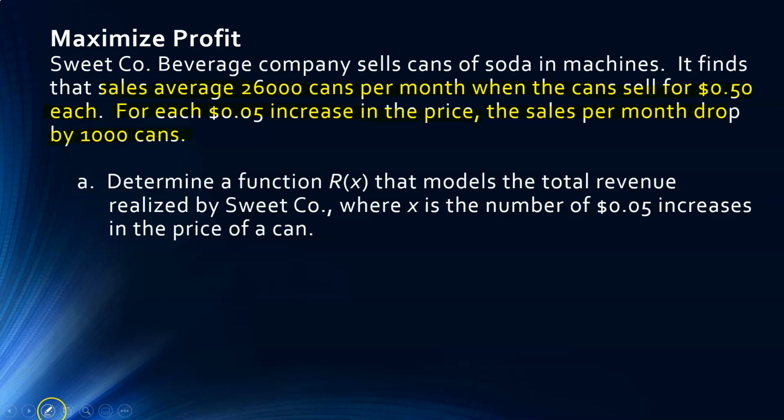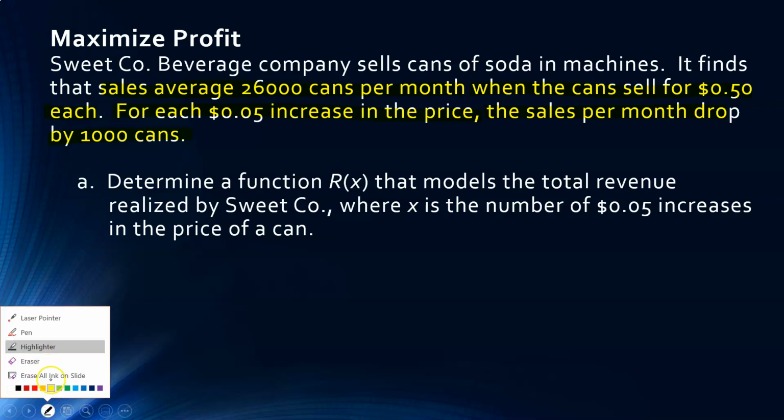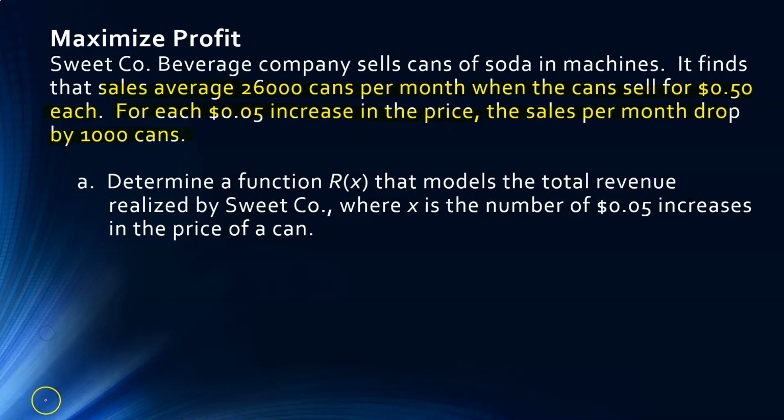All right, well, let's think about how we determine revenue. Revenue refers to how much money we're going to make. And so we would figure that out by the price times the sales. So the price per can times how many cans we're going to sell.